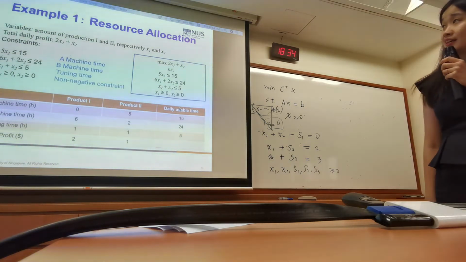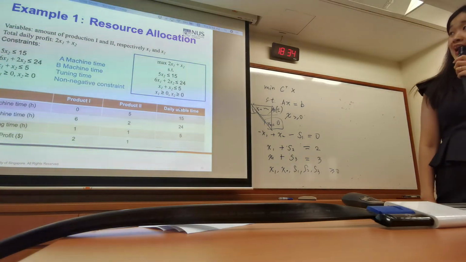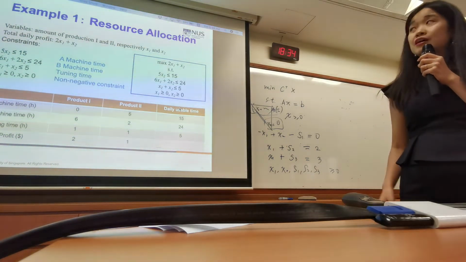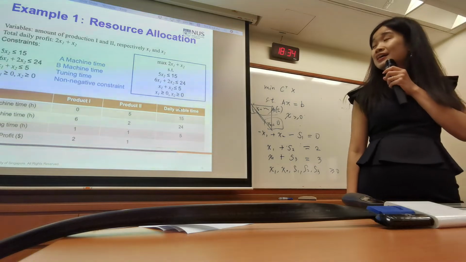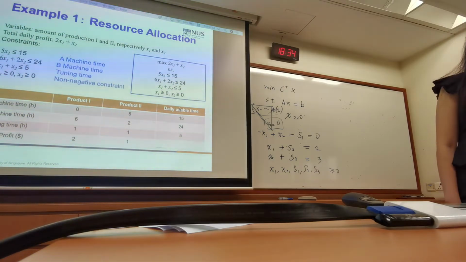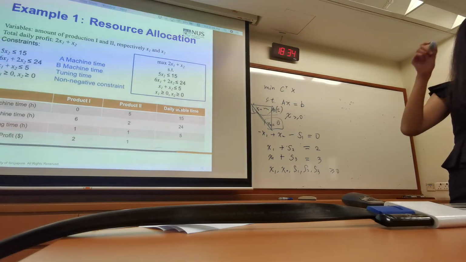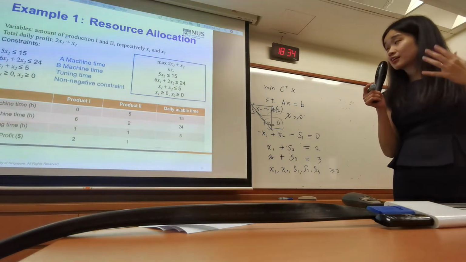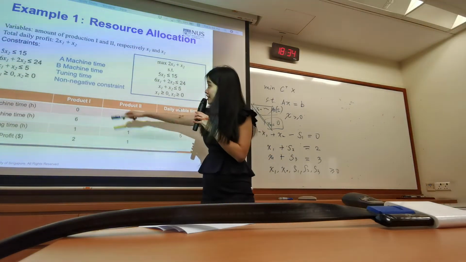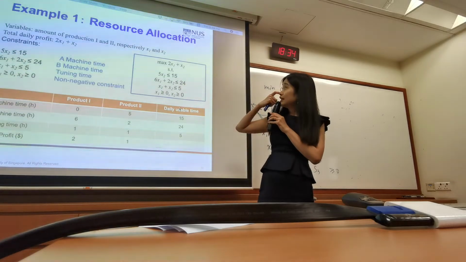I know the unit price is 2 and 1, so my unit profit is 2 and 1, and I know my daily profit. And I put some constraints because the machine will have constraints on its operation time. This problem we formulated last time already. I won't go through the details, and we got some constraints here because it's machine time, non-negative. Okay.